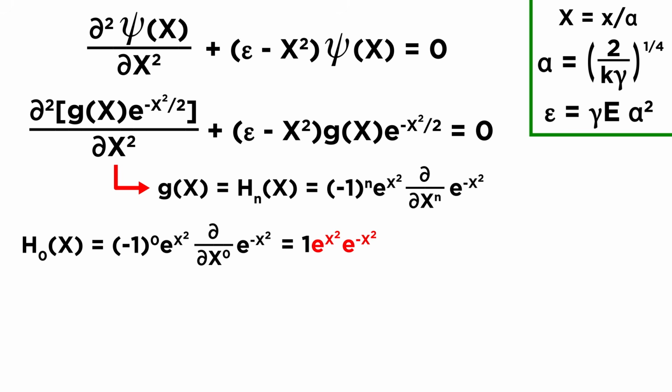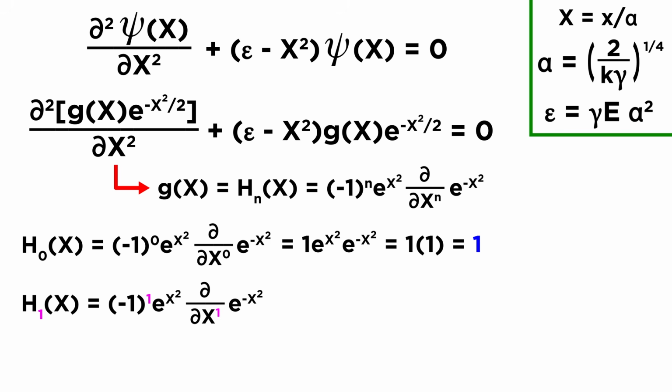These terms have the same exponent but opposite in sign, so when multiplying through, the exponents add up to 0, and e to the 0 is 1, and 1 times 1 is 1, so we end up seeing that h sub 0 equals 1. When n equals 1, we plug in 1 everywhere, which makes this a first derivative, and we get this expression. With the negative exponent, that's the same as making the exponent positive and putting the term in the denominator, which actually allows us to cancel these two terms, so we end up seeing that h sub 1 equals 2x.